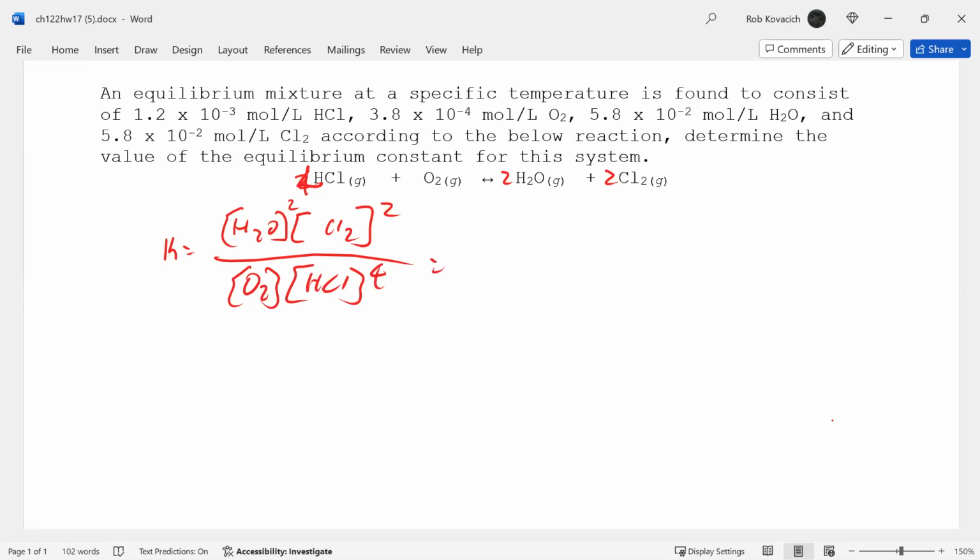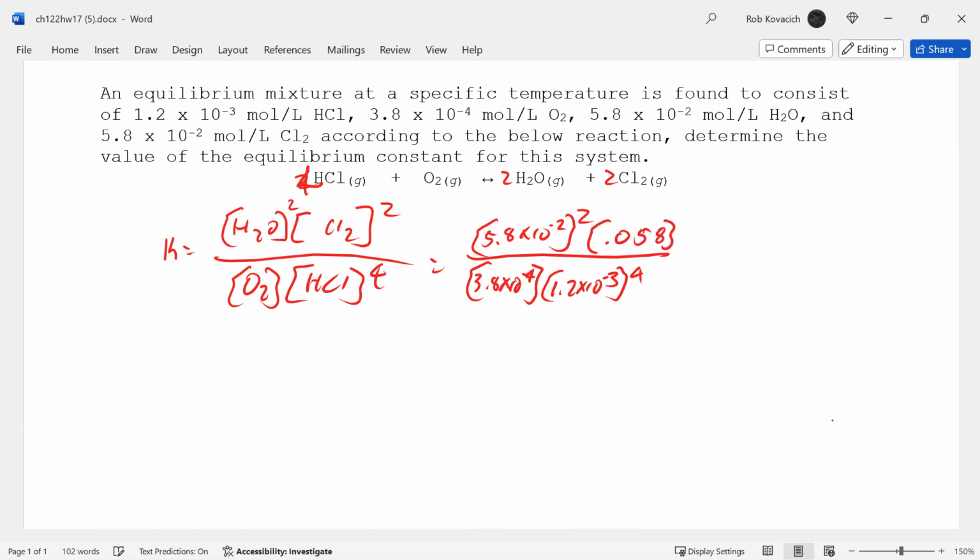Okay, so we'll just throw the numbers in here. The HCl is 1.2 times 10 to the minus 3 to the 4th. The oxygen is 3.8 times 10 to the minus 4th to the 1st. The water vapor, water gas, times 10 to the minus 2 squared. I guess I don't really need the scientific notation for some of these. All right.